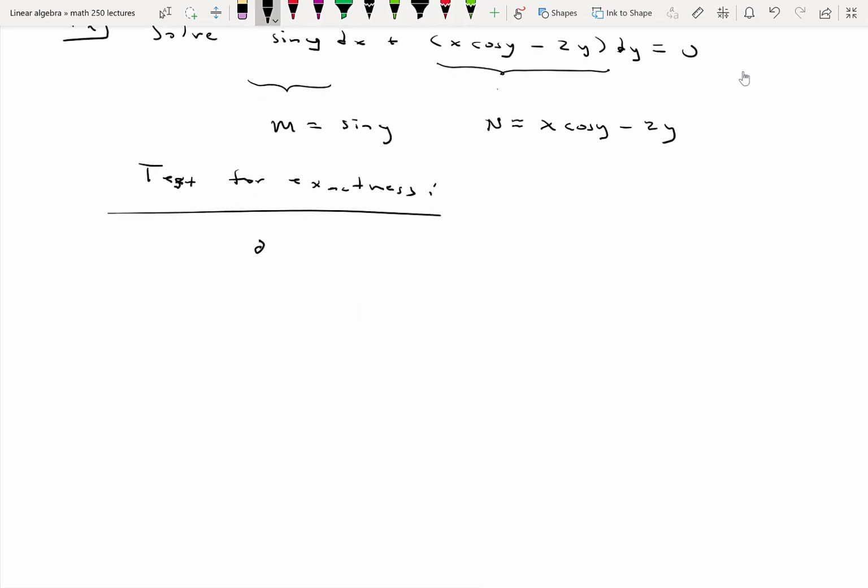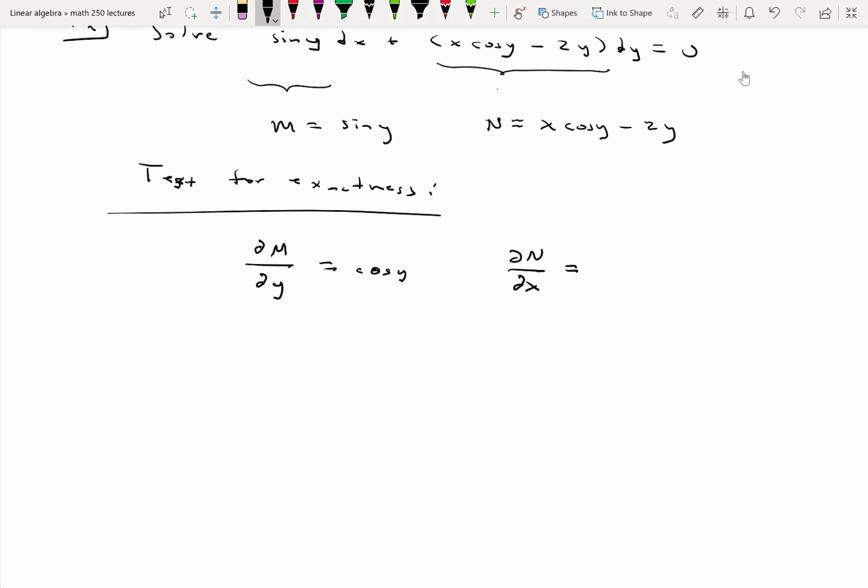So the partial derivative of M with respect to y, the partial derivative of the coefficient of dx with respect to the other variable y, is cosine of y. And the partial derivative of N with respect to x: what's the derivative of x times cosine of y with respect to x? y is constant with respect to x, so cosine of y is constant.